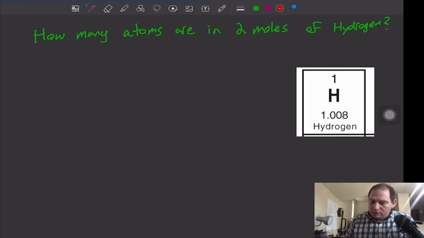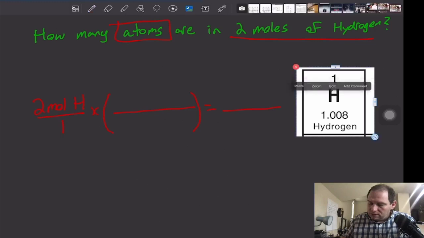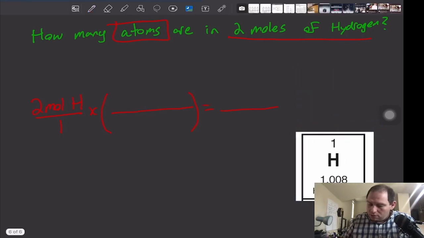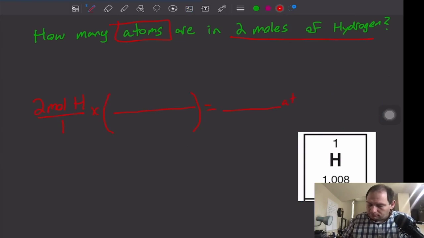Okay. So we're starting off with 2 moles, and we're wanting atoms. Let's write down what we have first. We have 2 mol of hydrogen over 1. I need to multiply that by a conversion factor of something where it equals atoms. All right, let's write down our conversion factors.